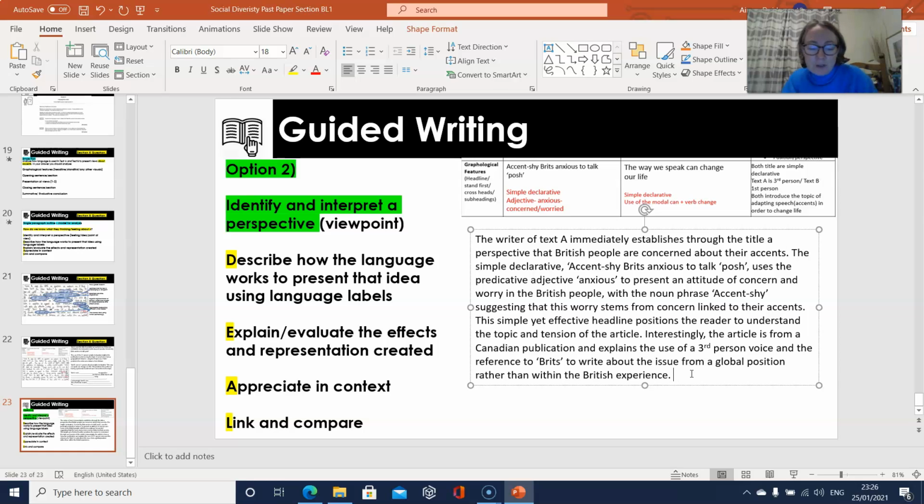Okay. So, contrastingly, a nice obvious comparing word. Now, why is it contrast? Because my last point is third person, and we know that the way we speak is first. Okay. Contrastingly, text B uses a first person voice within the title.